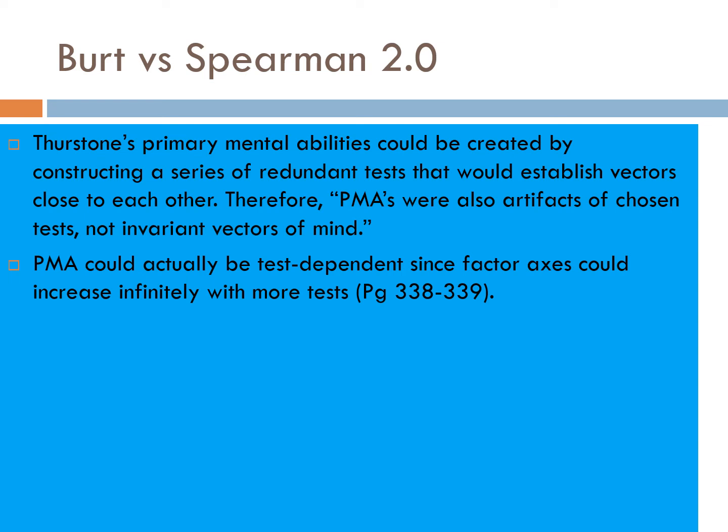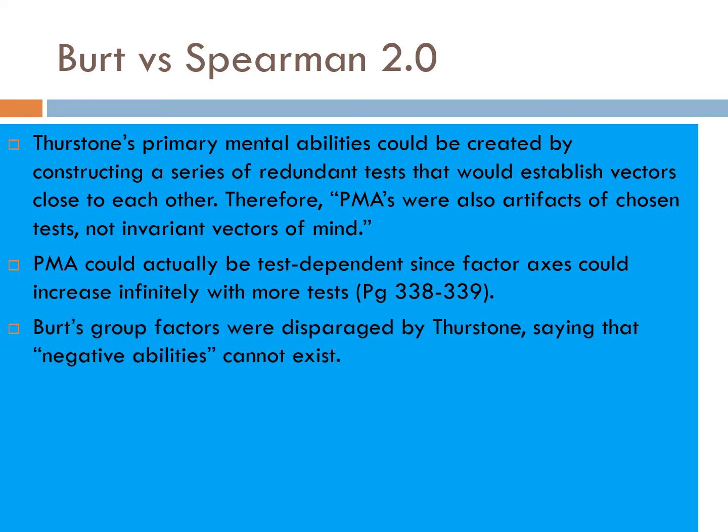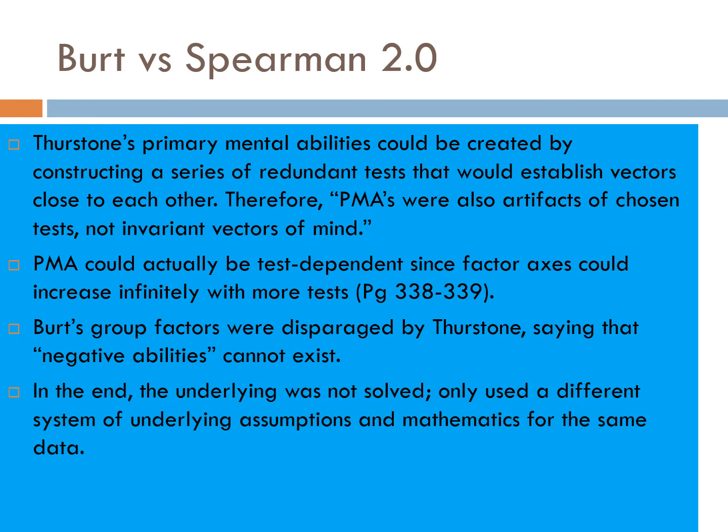According to Thurstone, PMAs could actually be test dependent, since factor axes could increase infinitely with more tests. Burt's group factors were disparaged by Thurstone, who said negative abilities cannot exist. In the end, the underlying issue was not solved; they only used a different system of underlying assumptions in mathematics for the same data.